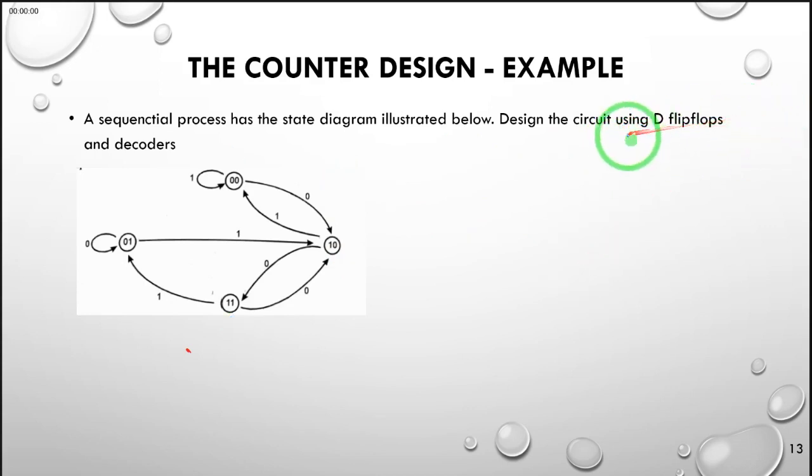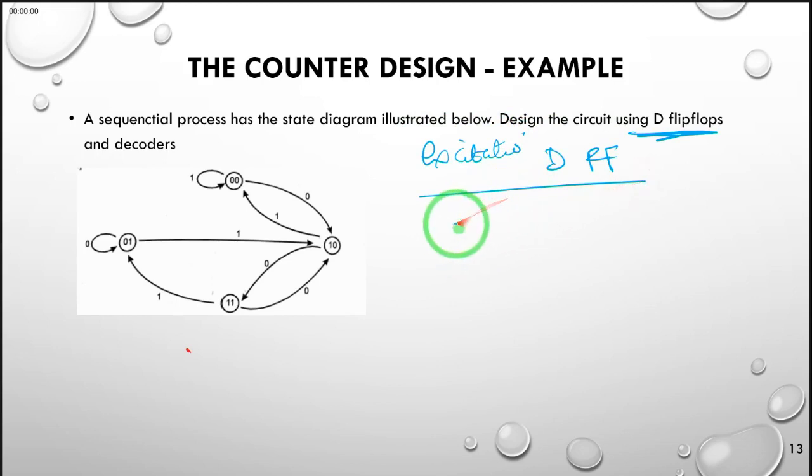Having said that, we also notice that we are told to use the D flip-flop. Therefore the next thing is to recall the excitation table of the D flip-flop. We know very clearly from our last few lectures that the excitation table defines, if you are moving from the present state to the next state, what the required input is.